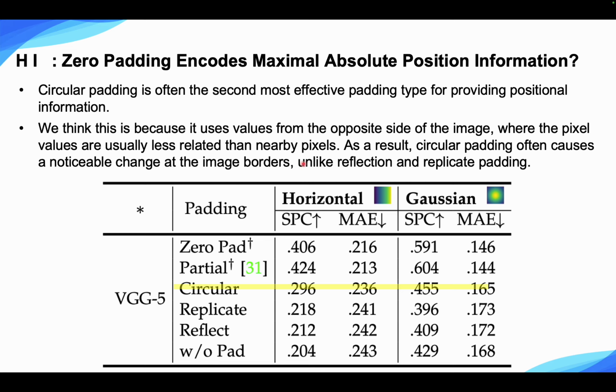They think this is because it uses values from the opposite sides of the image, where the pixel values are usually less related to the nearby pixels. As a result, circular padding often causes a noticeable change at the image border, unlike reflection and replicate padding, which use similar pixels at the border.